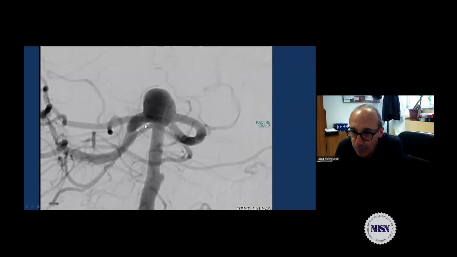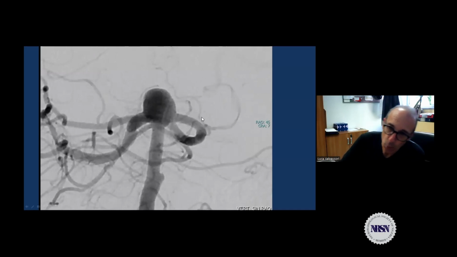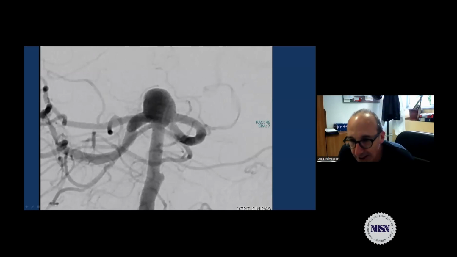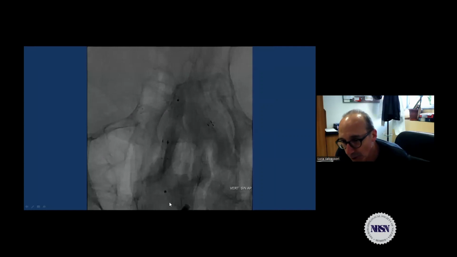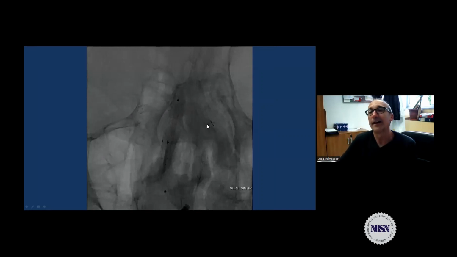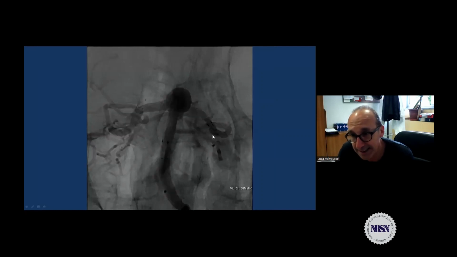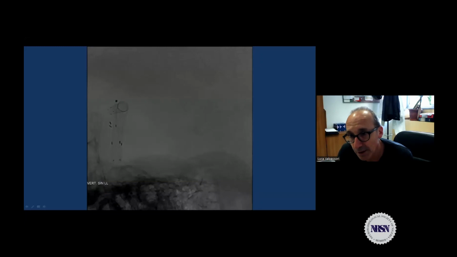We didn't even try to place coils with no adjunctive devices. As you can see here, we place one stent here and one stent here. This is the so-called Y-stenting technique.